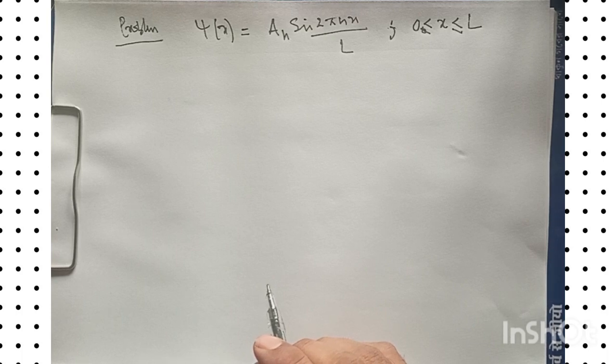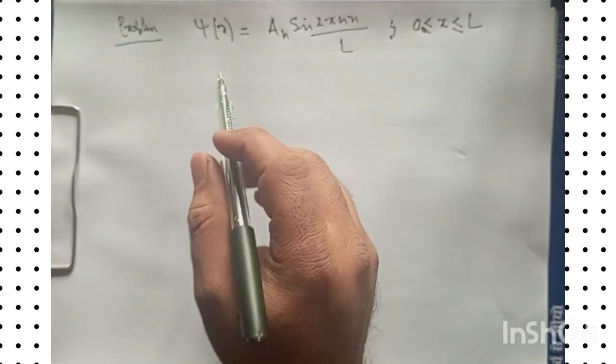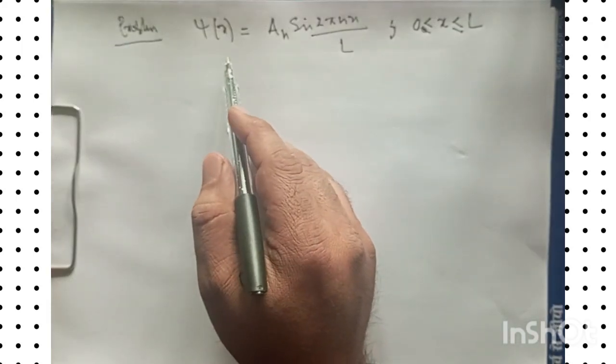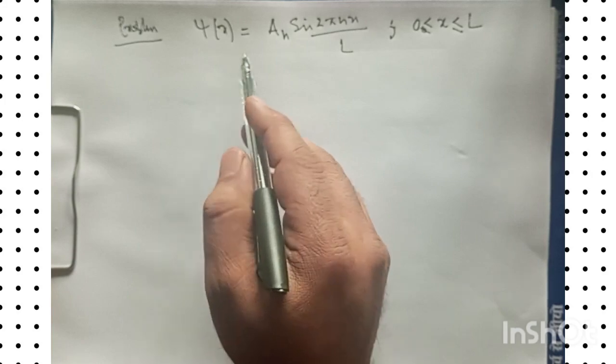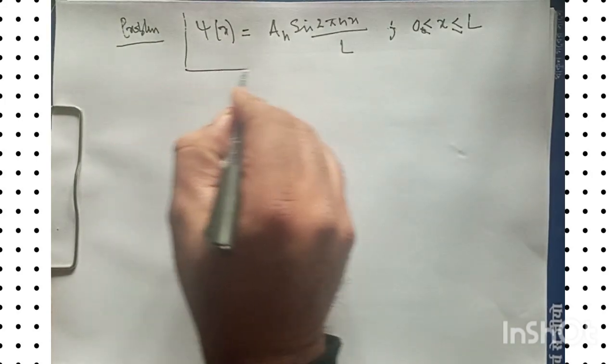And what we would like to do in this video is to actually use the normalization condition. We have an example here: a wave function, defined by this equation.